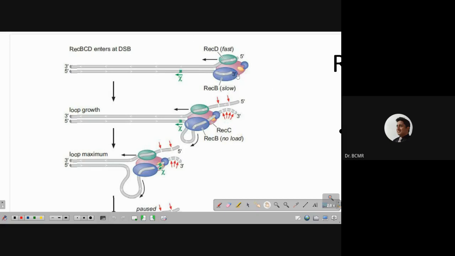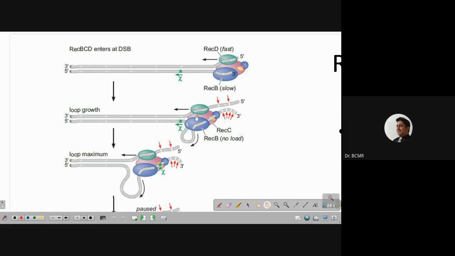RecB and RecD are exonucleases, and they keep degrading the DNA from the ends. They keep doing it, and here is the chi site. The chi site is just a small sequence of DNA, and when they come to it, something changes.